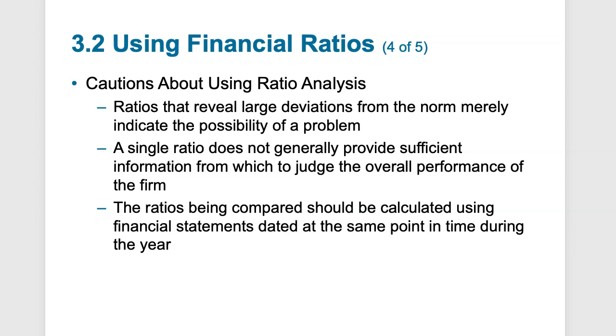However, they may have to be reconstructed if their annual years are different from each other. So if Target has their annual year starting in February and Walmart has their annual year starting in July, the financial statements should theoretically be reconstructed to cover the same period for both companies, so they're more comparable.